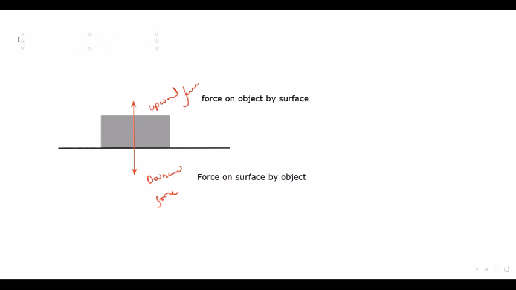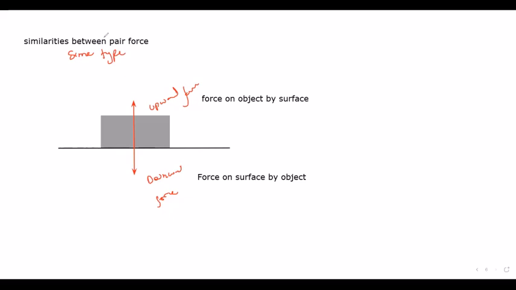And what are the similarities between these pair forces? Number one, they are the same type of force. If one is gravitational, the other will be gravitational.